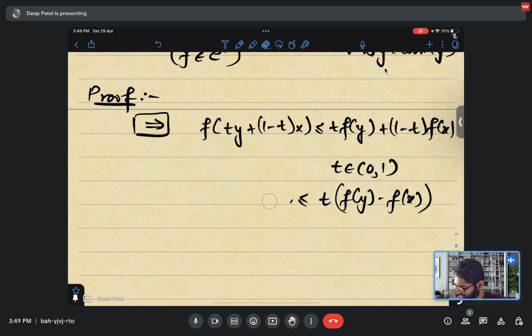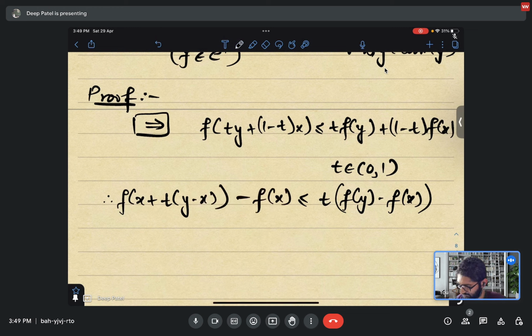Okay, what I meant to write was minus f of x. So I'll just take this term this side and leave the remaining terms here.